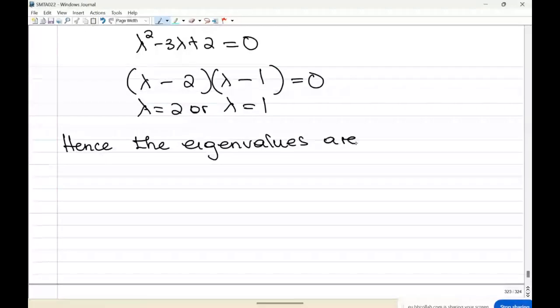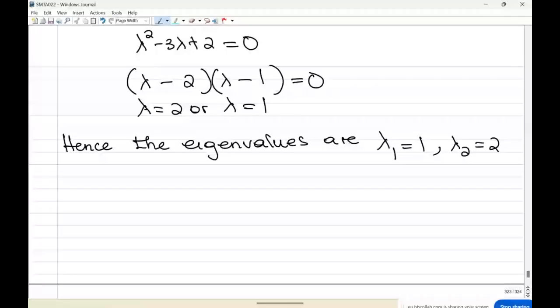Our eigenvalues are lambda equals 2 and lambda equals 1. So you can start by saying the first one, maybe if I say 1, colleagues, do you understand that I'm trying to differentiate these two lambdas? Can I say lambda 1 will be equal to 1 and then lambda 2 will be equal to 2?